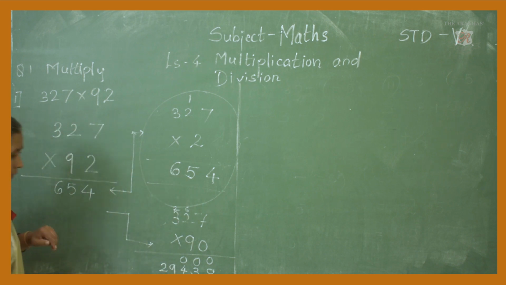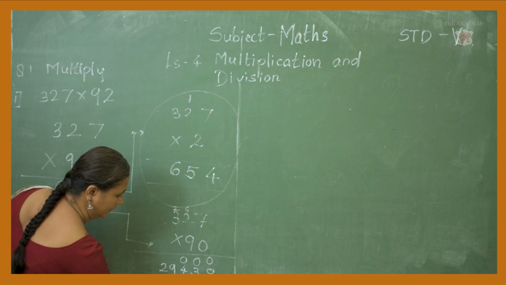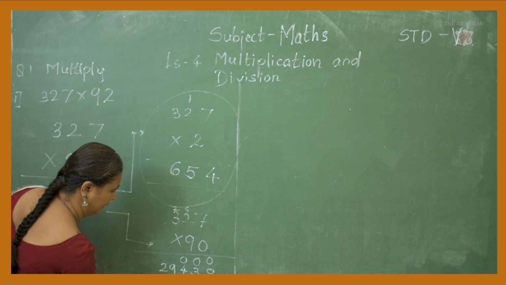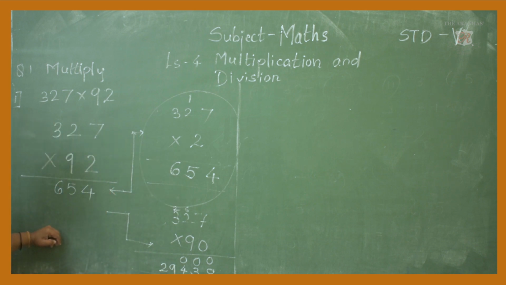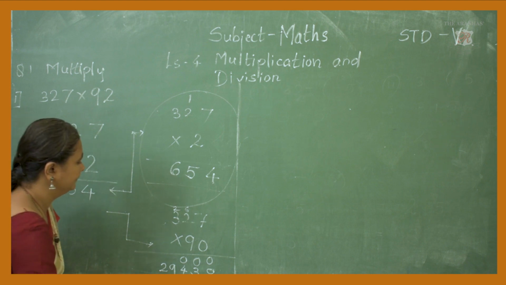Isn't it? And 0, 3, 4, 9, 2. Again first recheck. Is it correct or not?